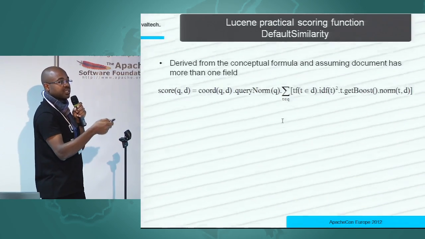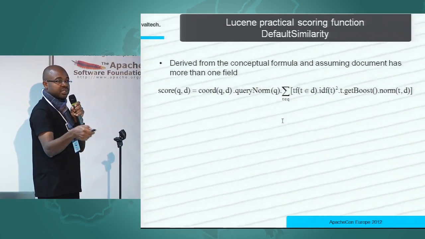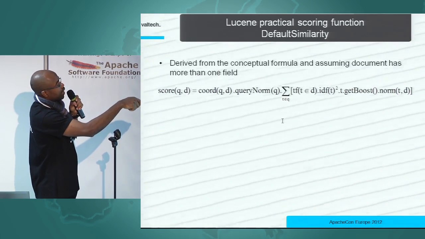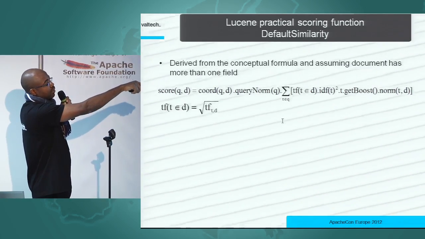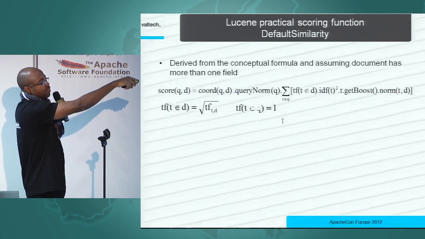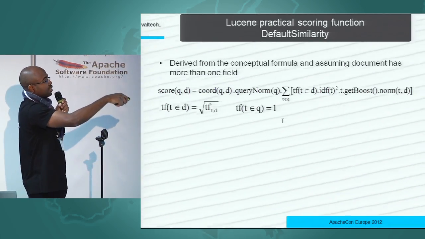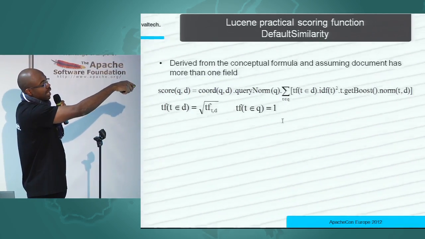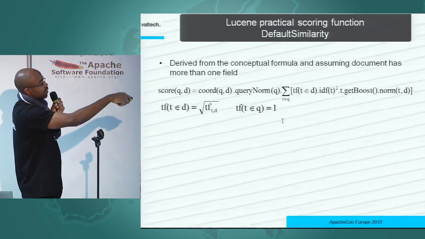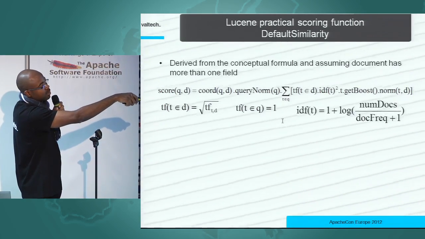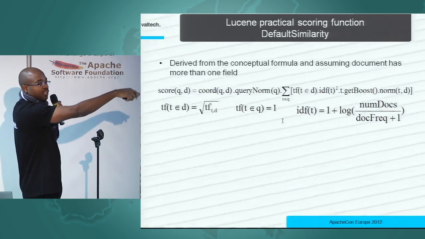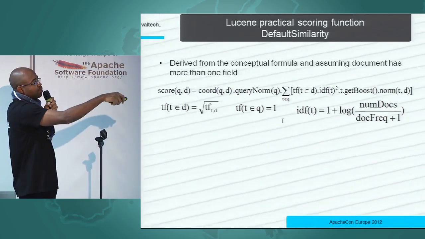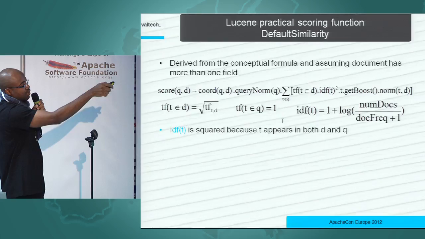The default similarity class in Lucene implements this algorithm, where you have the term frequency, with a sublinear expression to dampen its effect. The term frequency in the query is assumed to be 1. The inverse document frequency is given by this, where you have the number of documents over the document frequency of the term. They add +1 to avoid division by 0.